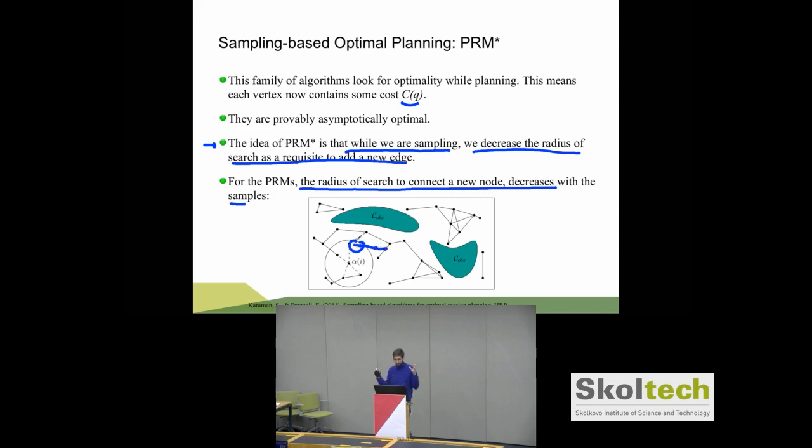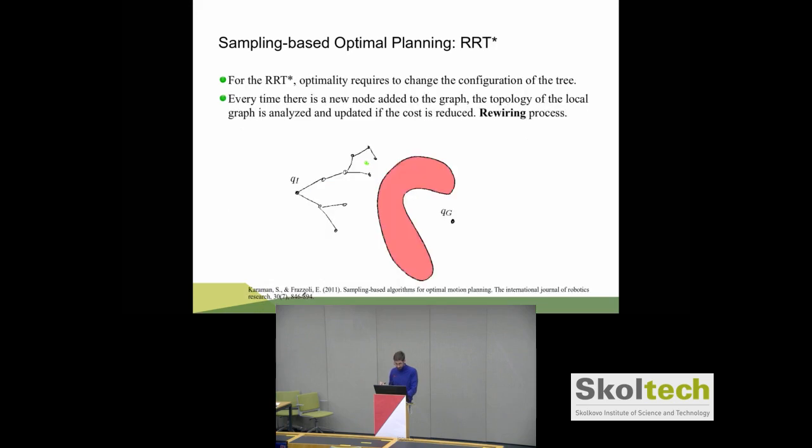Okay, so this is a technique proposed by Karaman and Frazzoli. You start decreasing, and this has properties of optimality. Probably these are not very obvious now at first sight, but let me discuss the second one, because this is more, I think, clear what's happening.